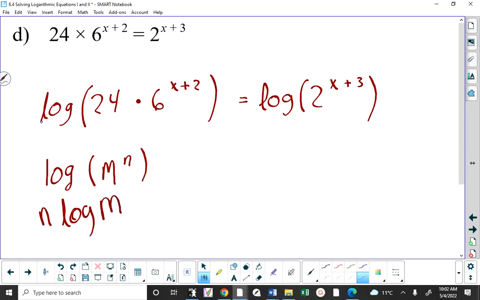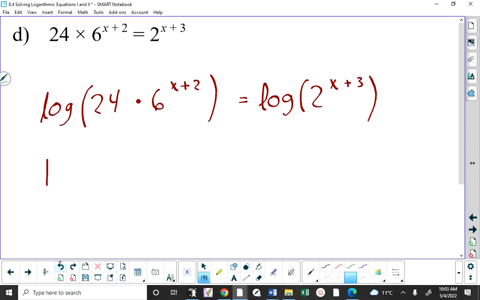So it only works if the argument is a base raised to an exponent. And this argument here is not a base raised to an exponent. It's a number times a base raised to an exponent. We still want to get that exponent down in front, but we can't do it yet.